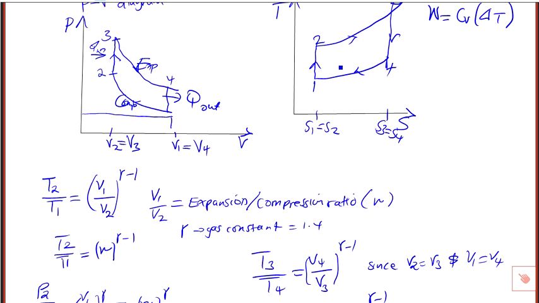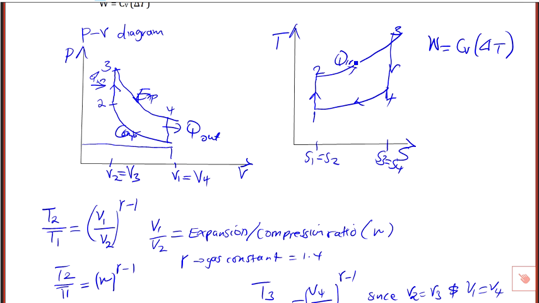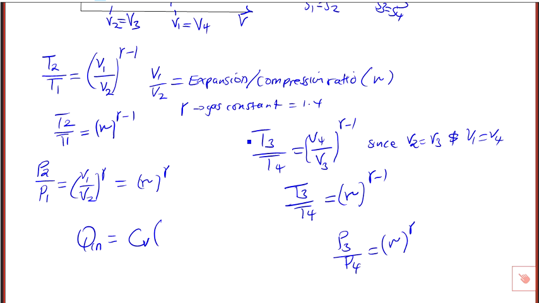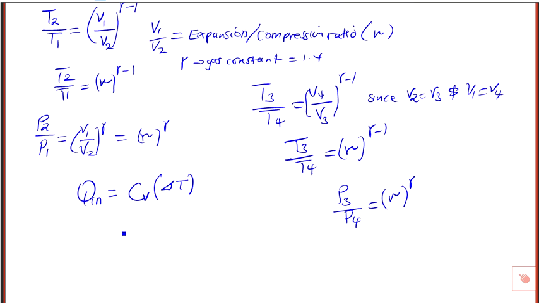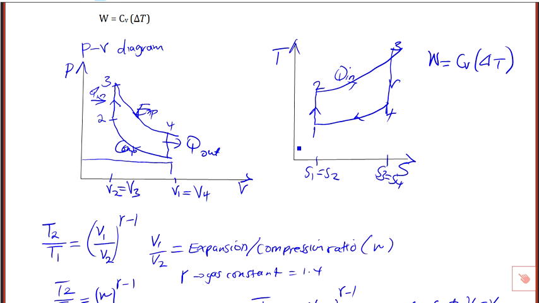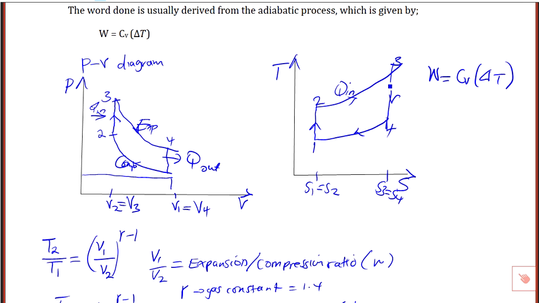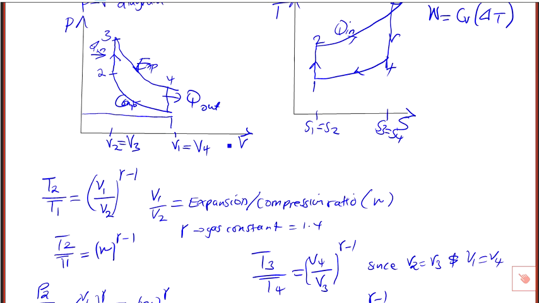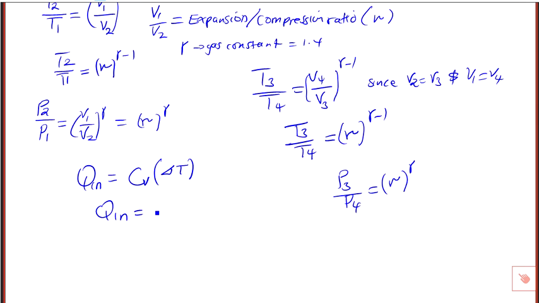The change in temperature is T3 minus T2, so the formula becomes Cv into T3 minus T2.